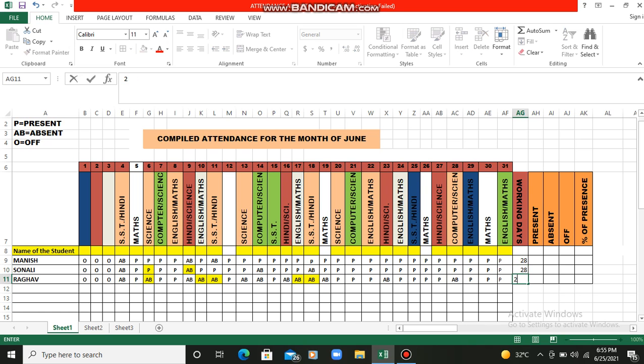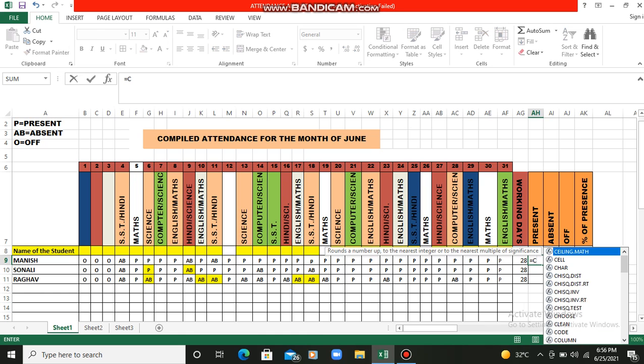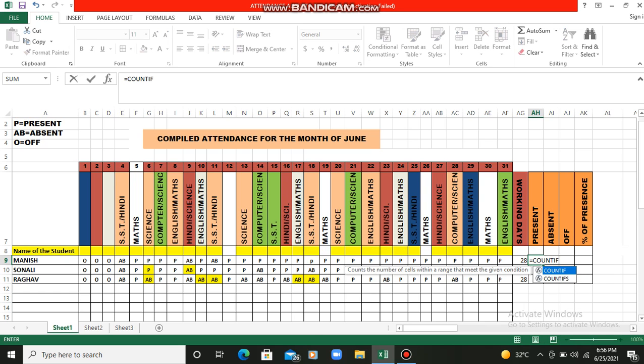Now we have to calculate the number of present days, meaning how many days the student was present in the class in the entire month. There is a formula, equals COUNTIF. In the COUNTIF, first of all we pass the range. So I select the range like this.